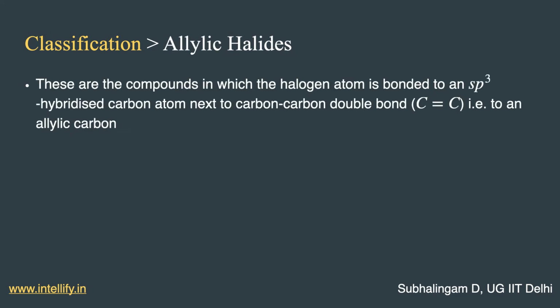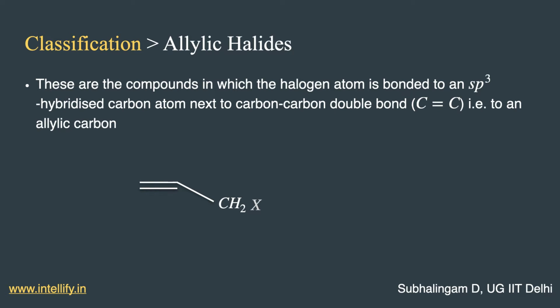Next, we have allylic halides. In allylic halides, the halogen atom is bonded to an sp3 hybridized carbon, but the carbon atom next to this carbon is sp2 hybridized. So if we look into this compound, we have CH2X at the bottom tip.